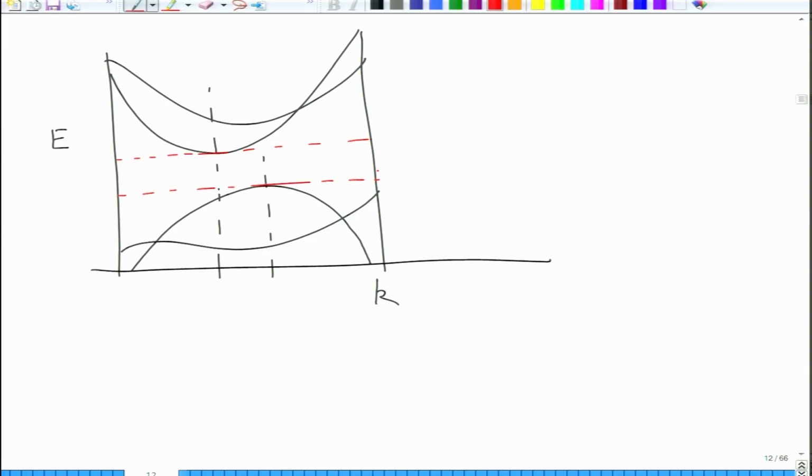If the K of the conduction band minima and the K of the valence band maxima do not coincide, if they are different, then this kind of semiconductor is called an indirect band gap semiconductor.